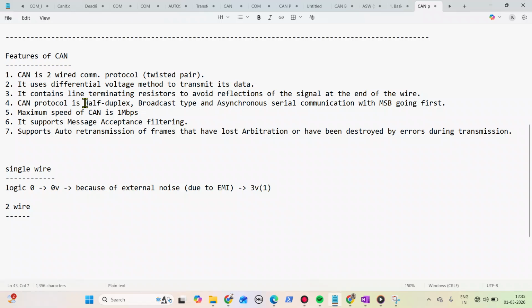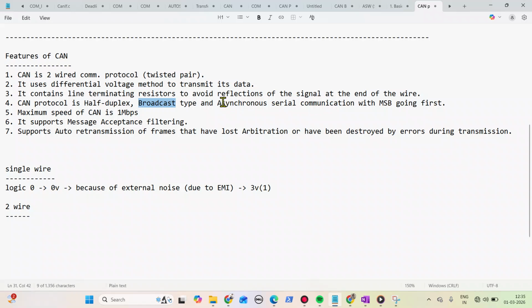So CAN protocol is half duplex. Broadcast means, as also discussed, only one node will transmit and all the other nodes will receive at the same time. It's not one-to-one communication, it's one-to-many communication. That is called broadcast type.